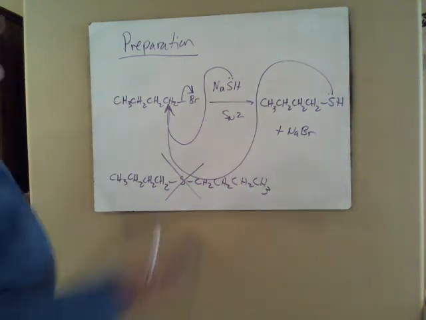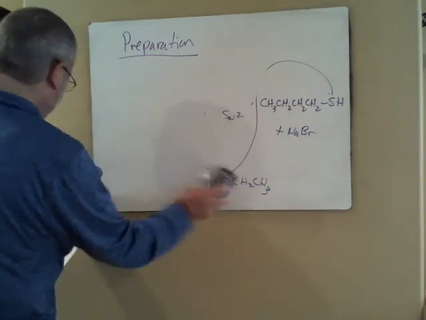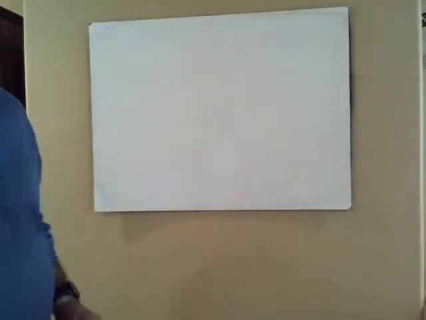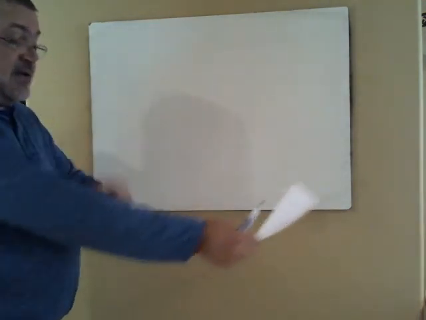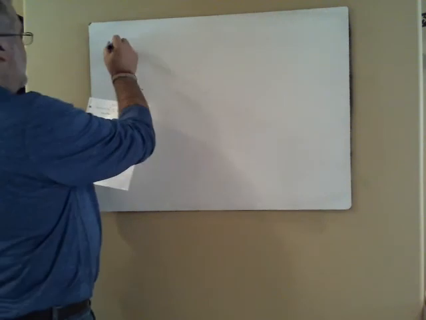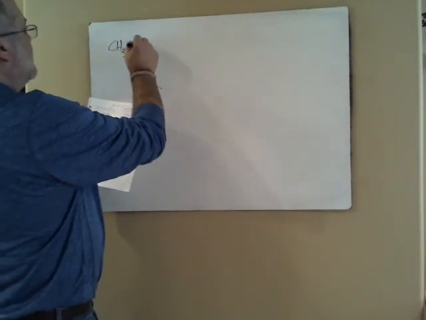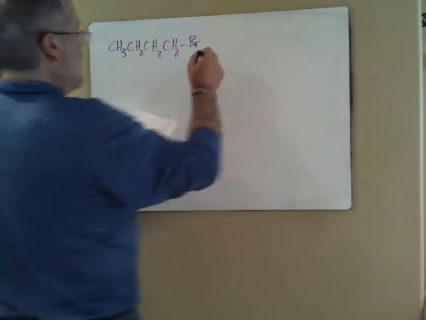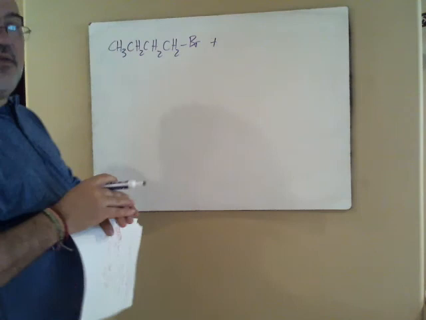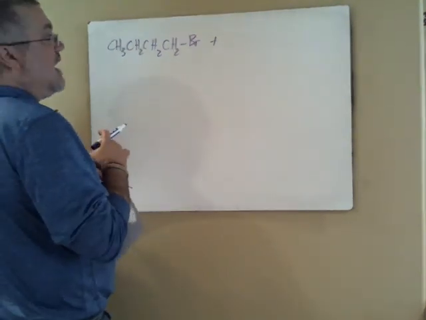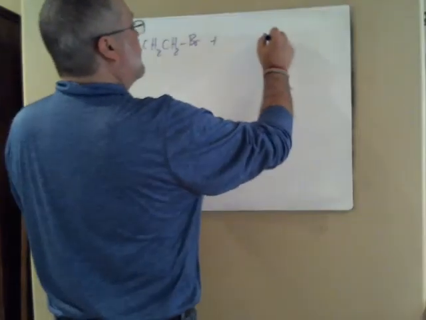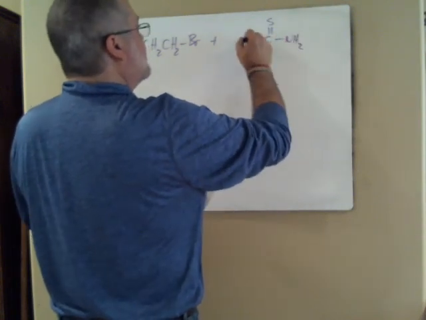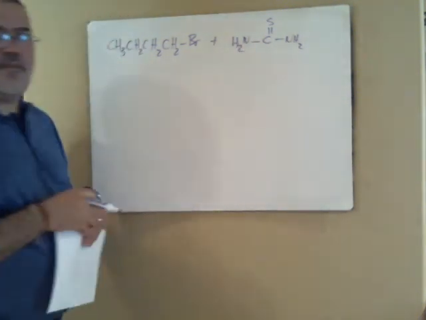It's an improved synthesis, and it uses thiourea. Way back at the very beginning of organic chemistry, we talked about urea, so you'll recognize what thiourea is. So using the same alkyl halide that we did before, now instead of using the thiol analog of sodium hydroxide, I'm going to use this thiourea, which has this structure.